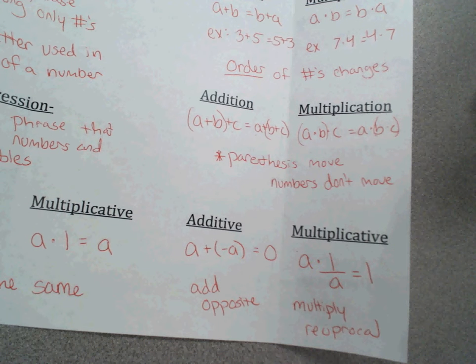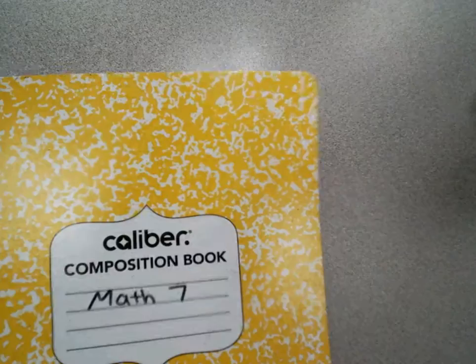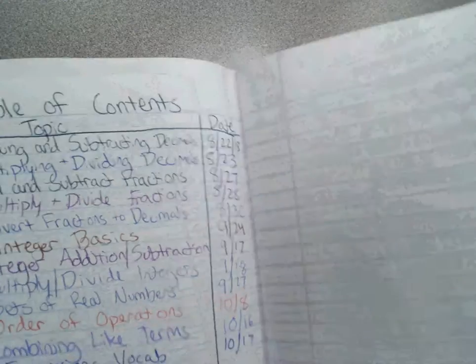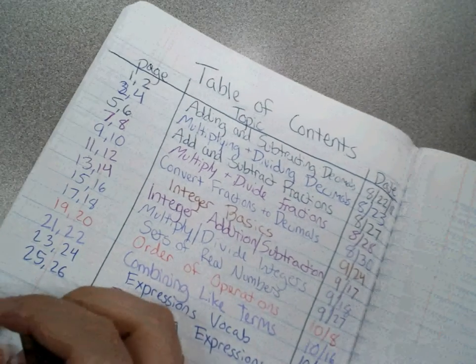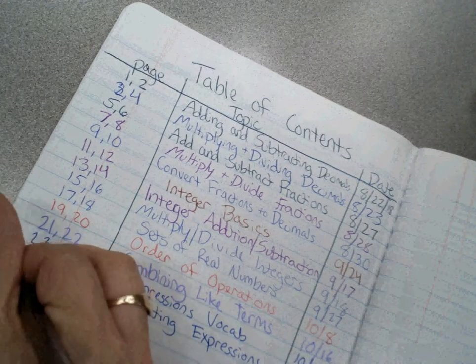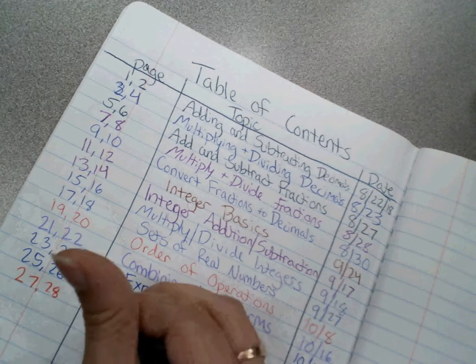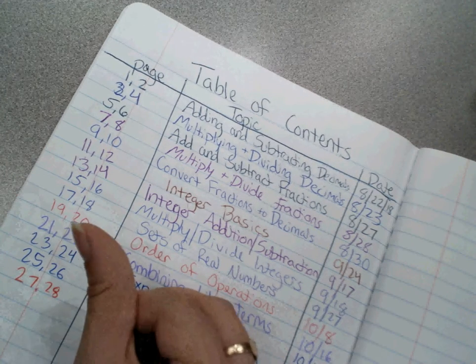All right, so I'm going to have you answer a few questions in this video. Just answer what property it is. And then once we've done that, go to your math notebook, table of contents, 27, 28, you can put properties of operations.